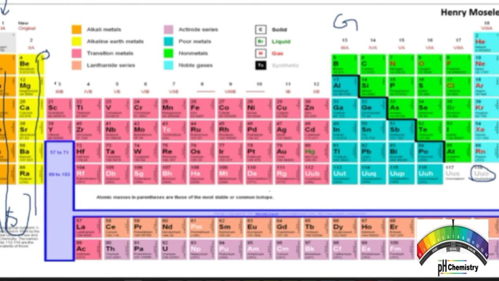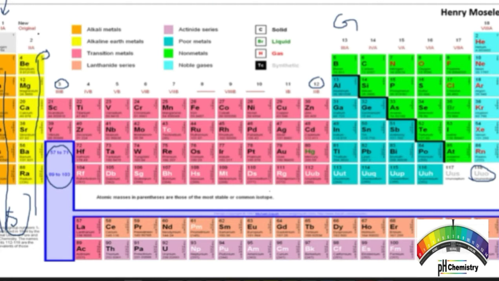Now you can see from group number 3 to group number 12, all the elements shown in pink, except these two, these lanthanide and actinide, are named as transition metals. Why are these named as transition metals?